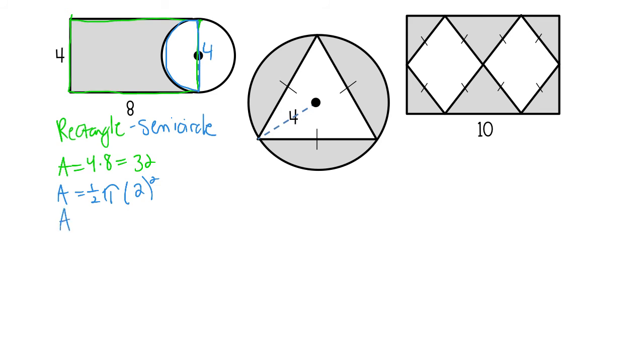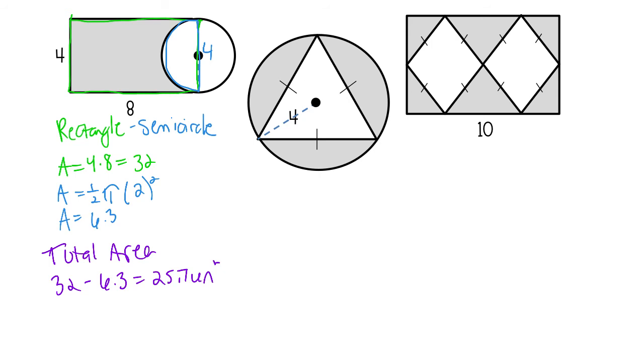That's going to equal, if we give it a decimal value, 6.3 units squared. So our total area will be the rectangle, 32, minus the semicircle, 6.3, and that gives us 25.7 units squared.